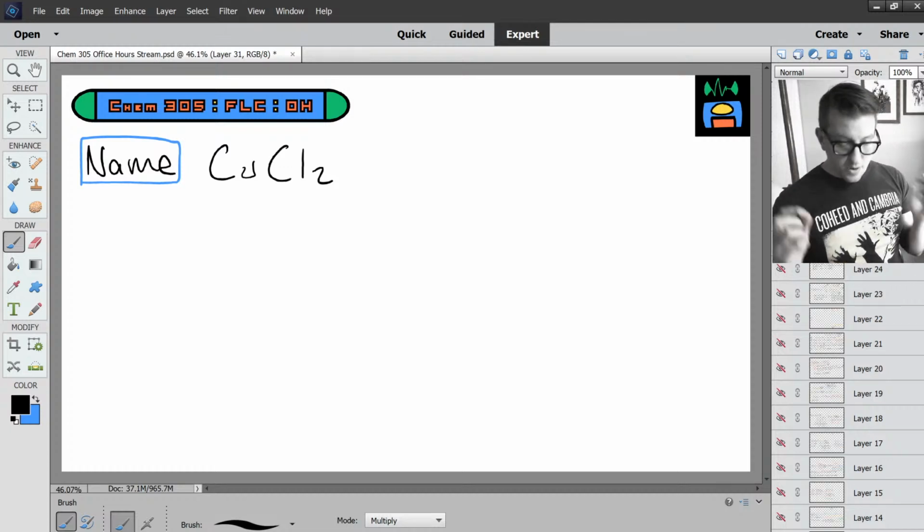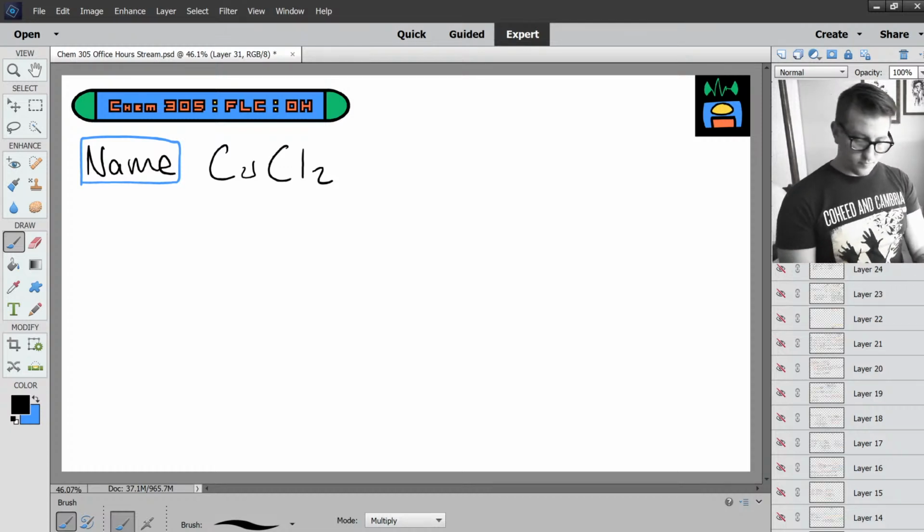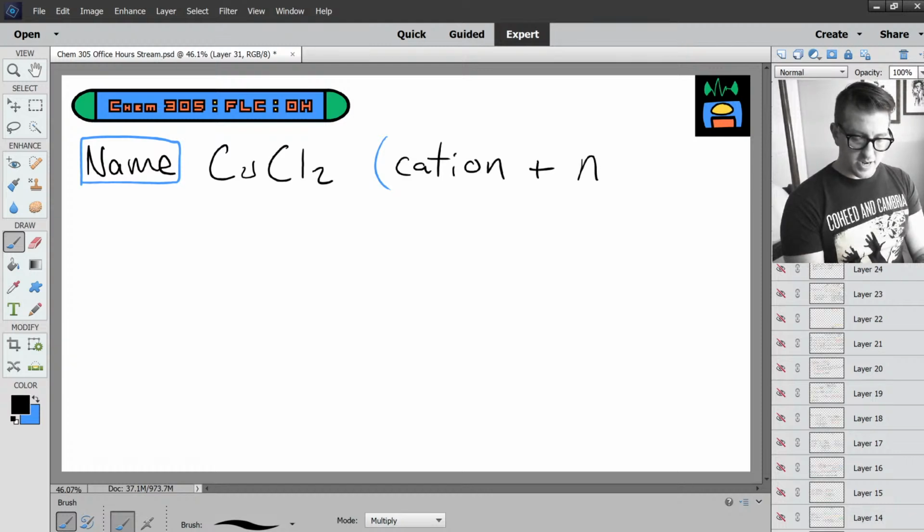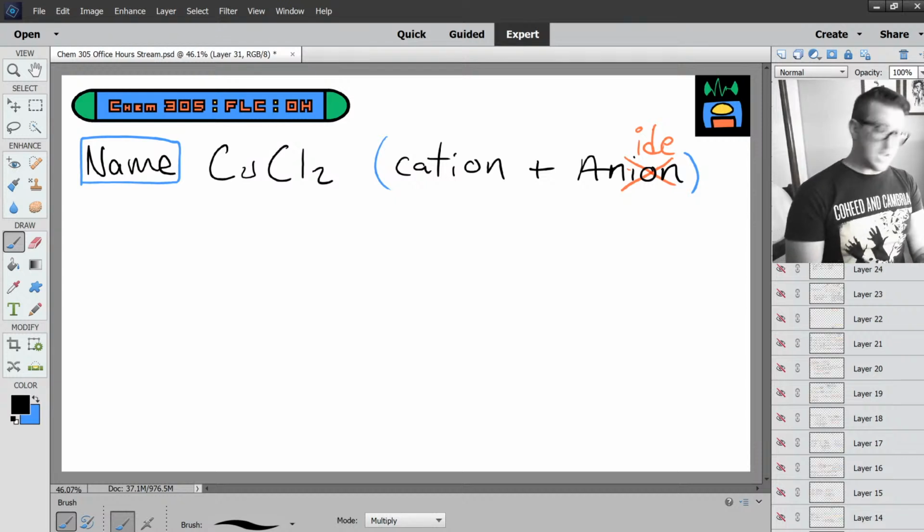All right. Now, the name, as we know, is going to be cation plus anion, with an "ide" added on to the very end. All right. We know that's how we're going to name this thing.